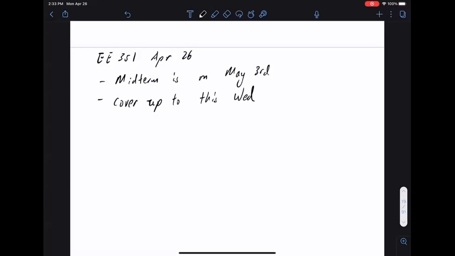Whatever we finish this Wednesday, we can cover on the midterm, which is next Monday. Is the day still good for everybody, May 3rd? Any additional conflicts? All right, okay, so still the same date.